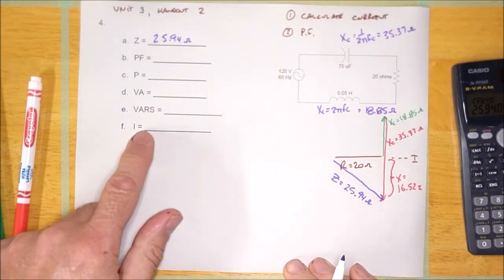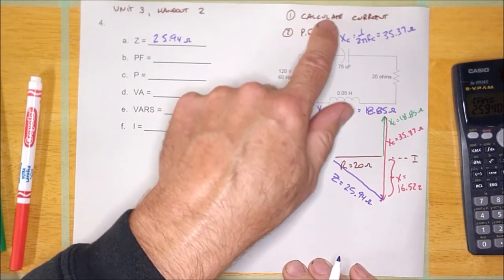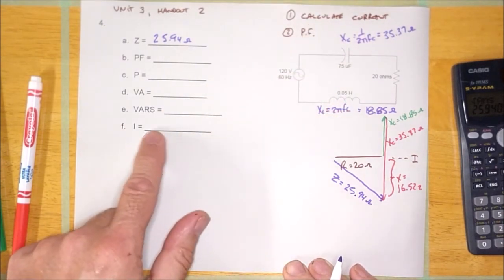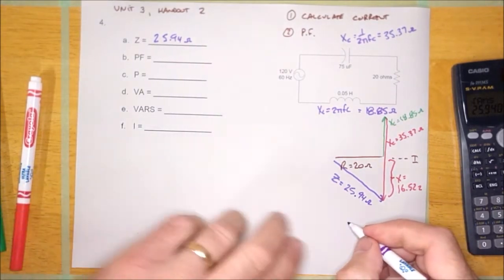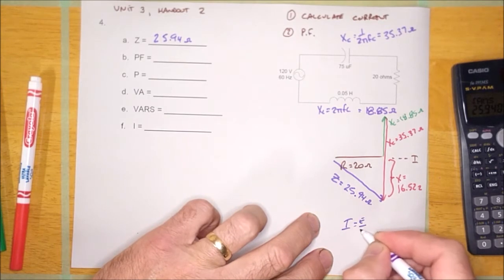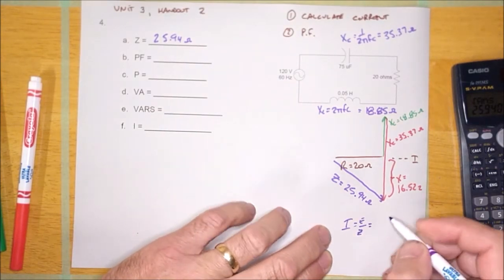And it happens to be F, okay? But I'm going to calculate the current next. It's the last thing it asks for. It's the first thing I'm going to calculate, or almost the first thing, okay? And I is going to be E over Z, right? Voltage divided by the impedance.